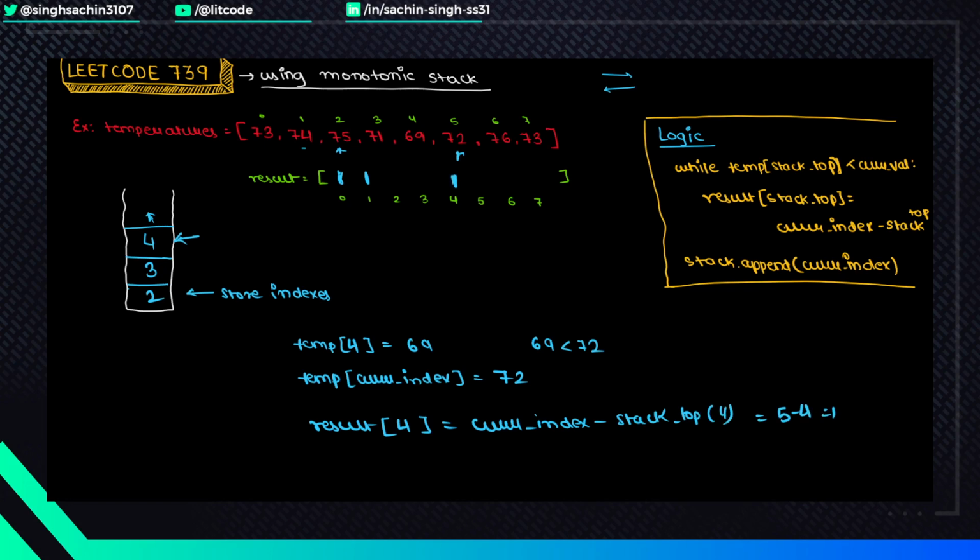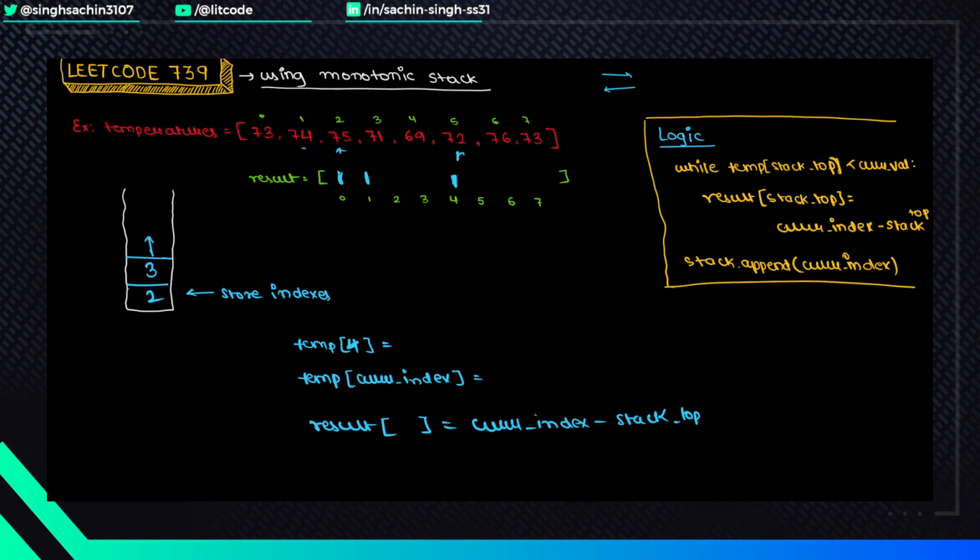Okay, but if you see, after removing this, this will be my stack, right? After that also my stack top is smaller than the current index value, right? So we will again pop this element.